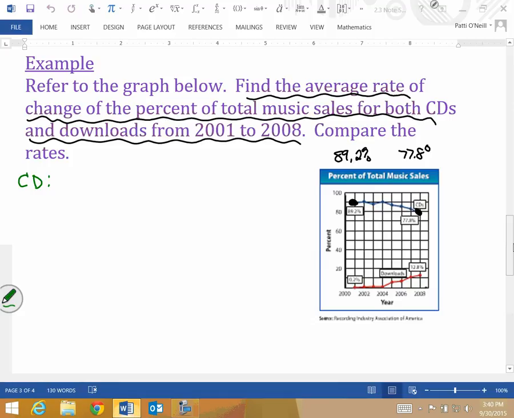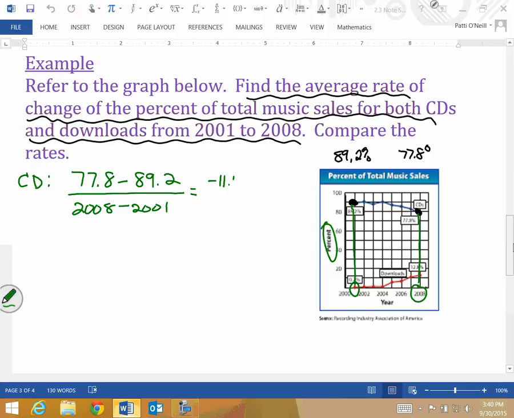The percent, remember, if we look on the y-axis, that's going to be our change in y. So I'm going to do 77.8 minus 89.2 over, now 77.8 correlates to the year 2008, so 2008 minus, the 89.2 correlates to 2001, which is going to give me negative 11.4 over 7, which will be about negative 1.6% per year.